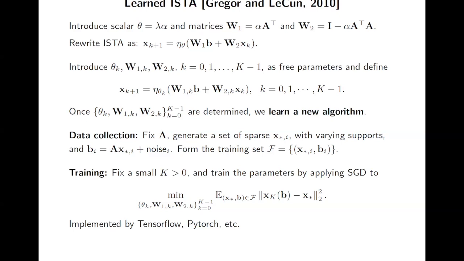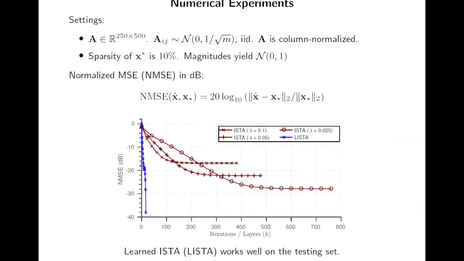So this is the training. Once it is trained, we have learned an algorithm, and we want the learned algorithm to be applied on new incoming instances, new incoming Bs. This is our reproduction of their method.